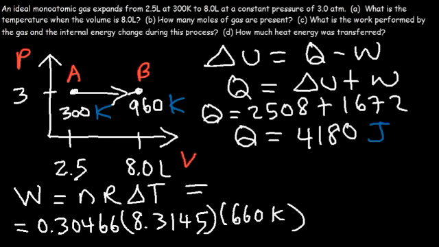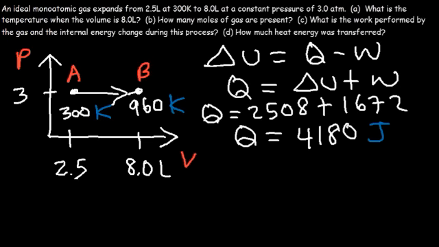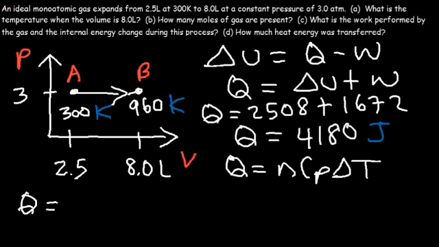Now, this is not the only way in which we can get this answer. We can also get it using other equations. You can use this equation, Q is equal to n Cp delta T. So n is still 0.30466.